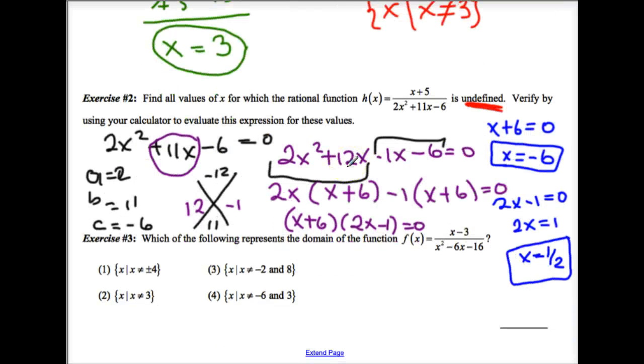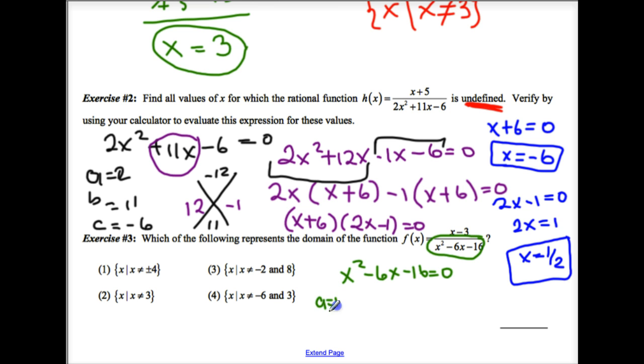So moving on to exercise 3, similar question, which of the following represents the domain of this? So again, the domain would be every number except when this denominator is undefined. So I want to find those values. So this becomes x squared minus 6x minus 16 is equal to 0.